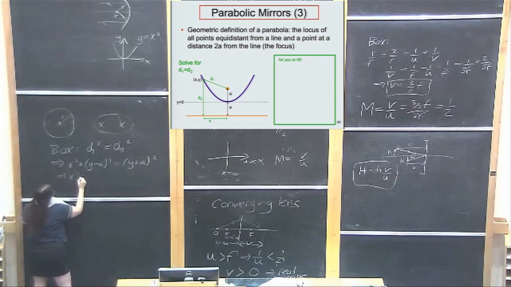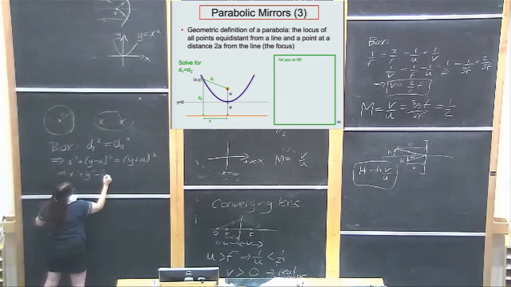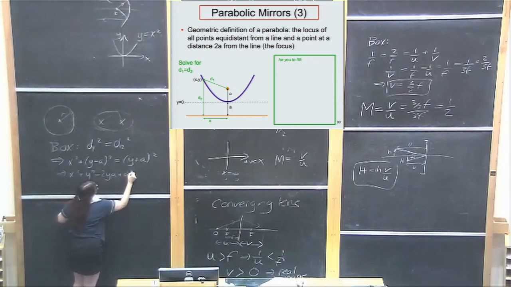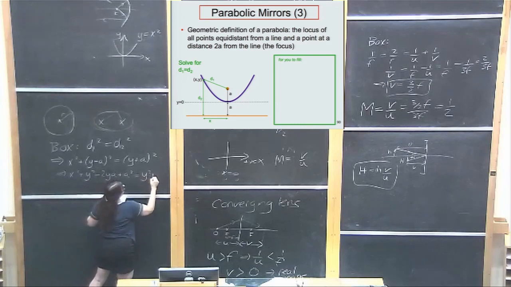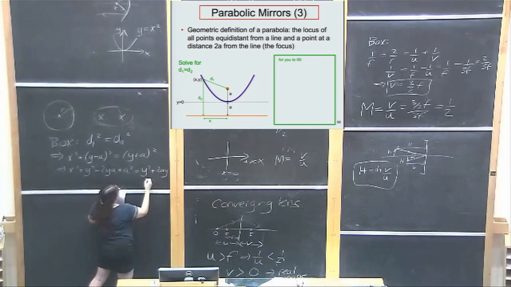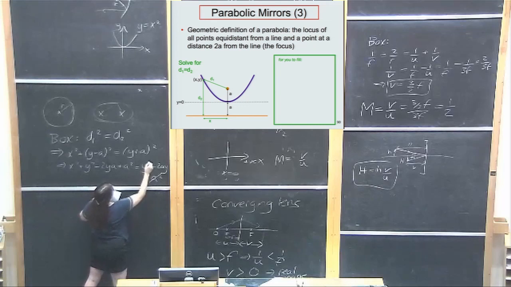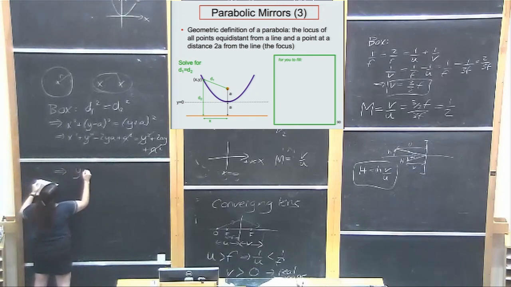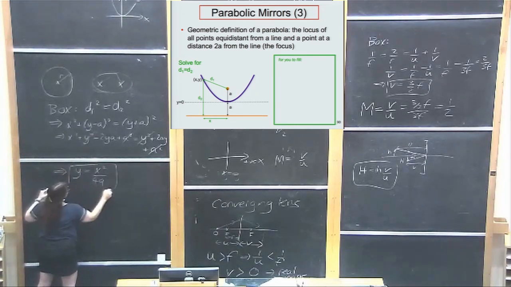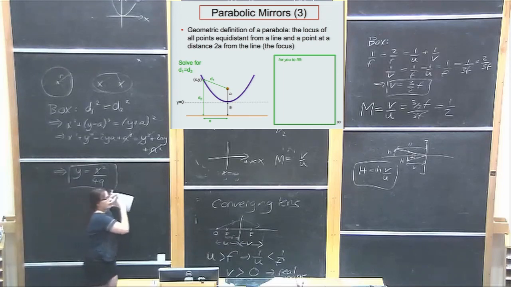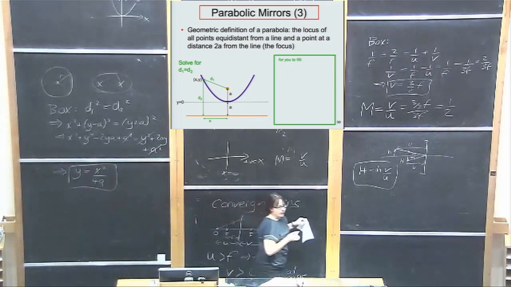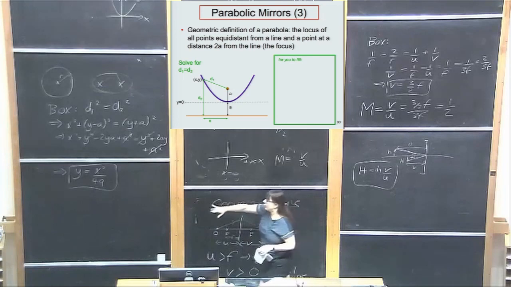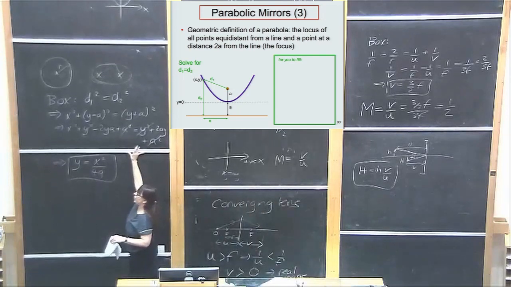So x squared plus y squared minus 2ya plus a squared equals y squared plus 2ay plus a squared. Some things are going to go away. And if I rearrange that, what I've got is that y equals x squared over 4a. So what we've done so far is just to prove that this geometric definition of a parabola gives the equation form of a parabola that you are used to.